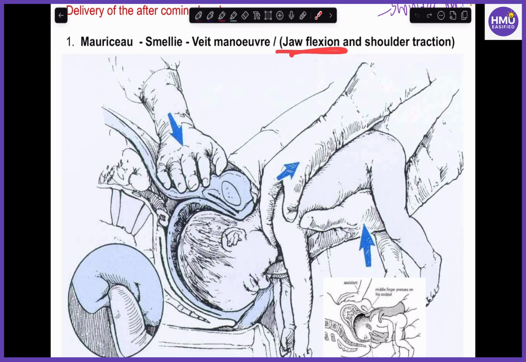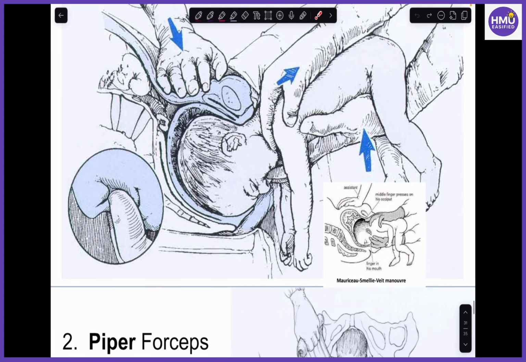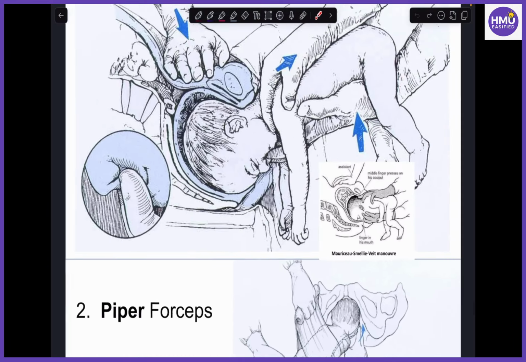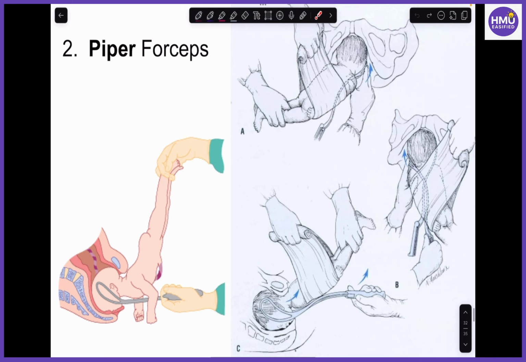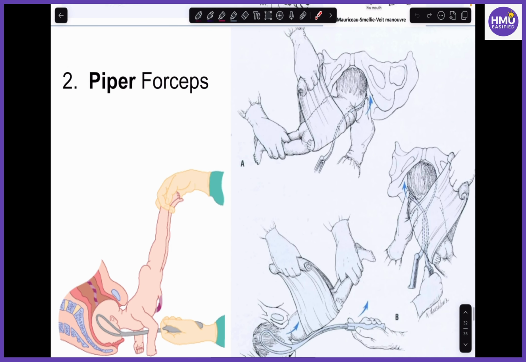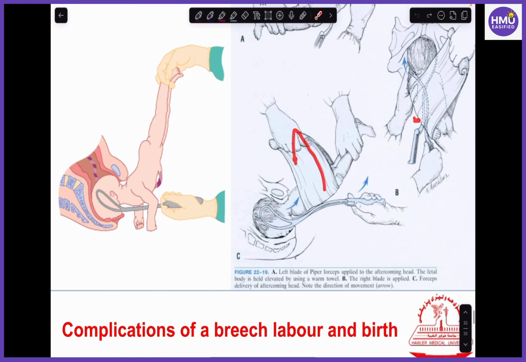The maneuver is jaw flexion and shoulder traction. So here we can see jaw flexion and shoulder traction. And this is the forceps. If the maneuver fails, an assistant holds the baby upward like this, and we assist with the forceps to bring out the head.